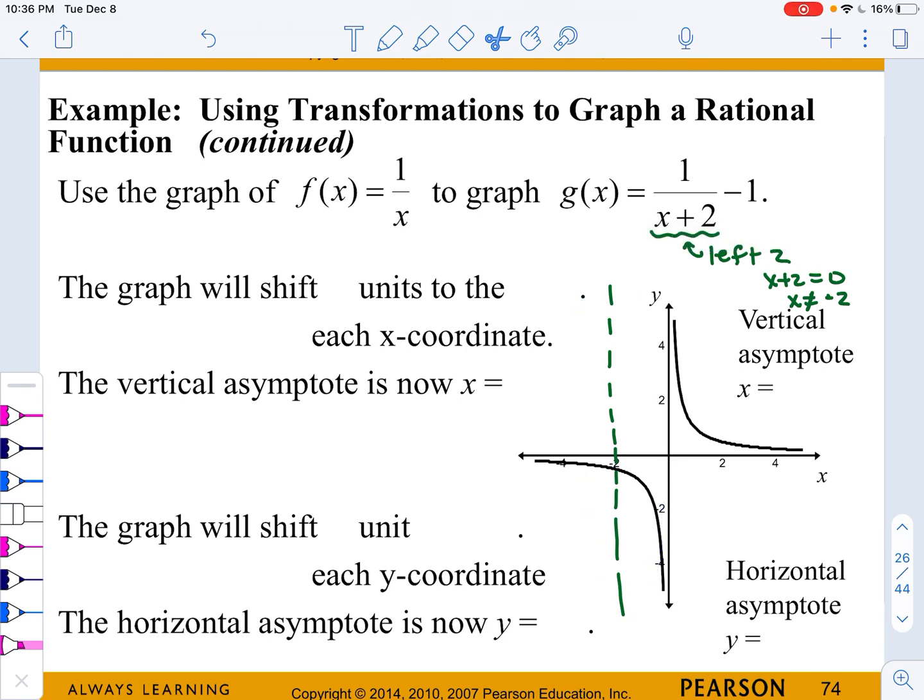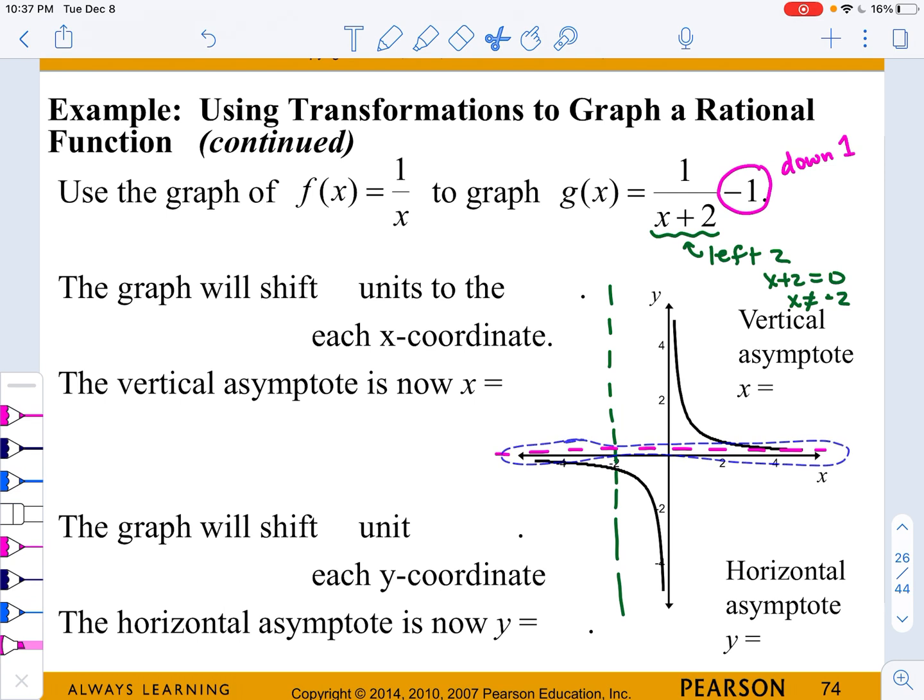All right. What about this -1 that's happening over here? What do we remember about our transformations with a -1? Well, that's going to shift it up and down. Which direction are we going? That's going to shift it down 1 unit. Which means that if I had that horizontal asymptote, I'm going to grab some of my green with it, that's okay.